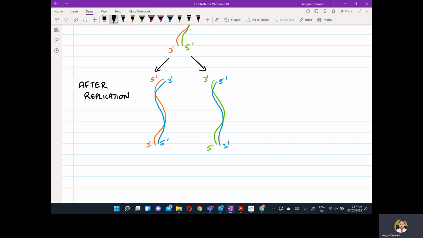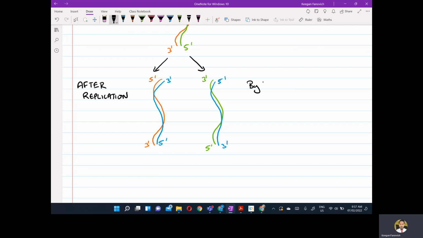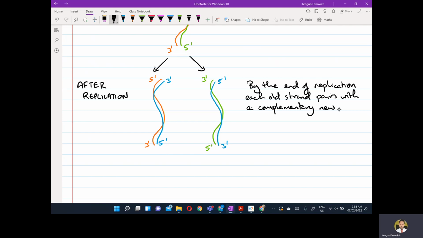So by the end of replication, each old strand pairs with a complementary new strand.